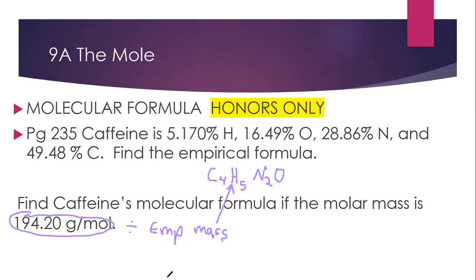Add those up and you're going to come up with an empirical mass. Take the molar mass, divide it by the empirical mass, and that gives you a number. Then multiply each of the subscripts by that number to get the molecular formula.